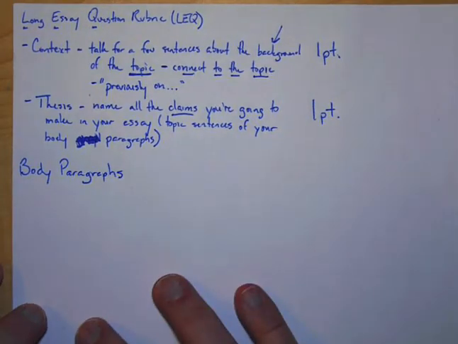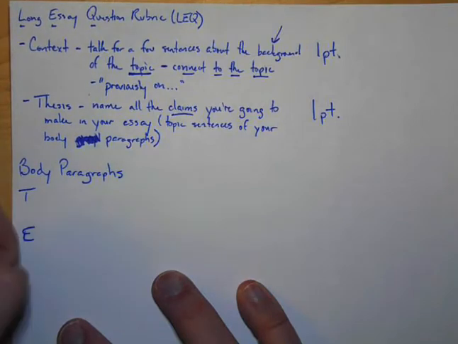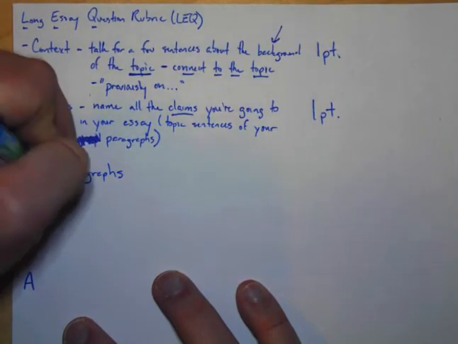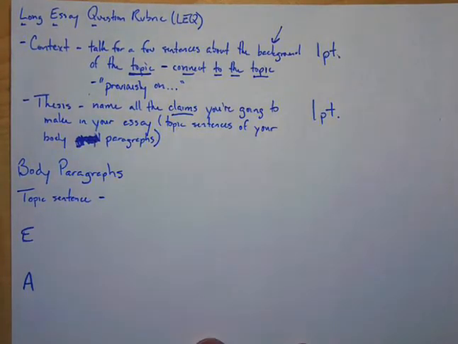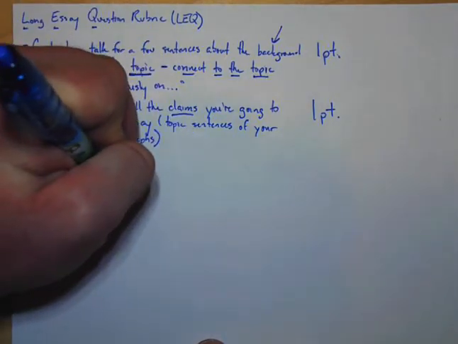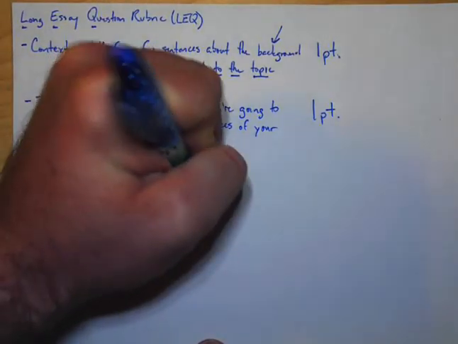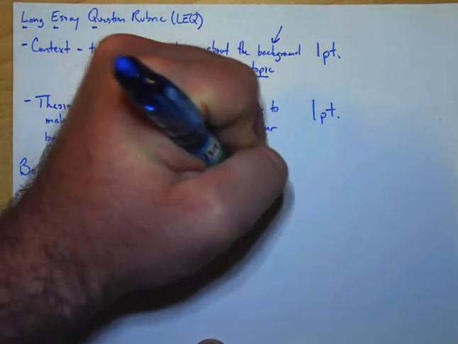The rest of the points are in your body paragraphs. And just like in the DBQ, we're going to follow this acronym. So T stands for topic sentence. The only real difference between the rubric for the DBQ and the rubric for the LEQ is that the topic sentence needs to use a specific historical thinking skill.